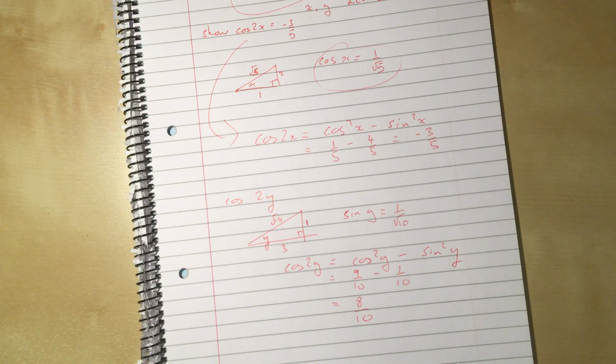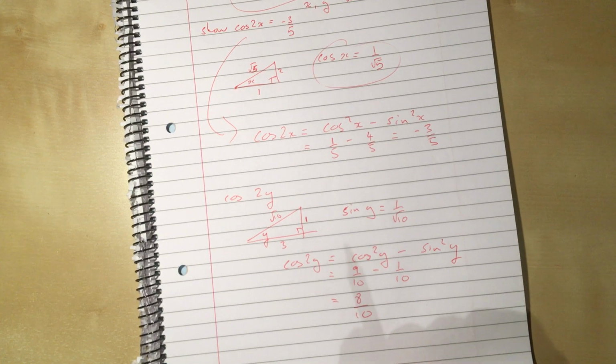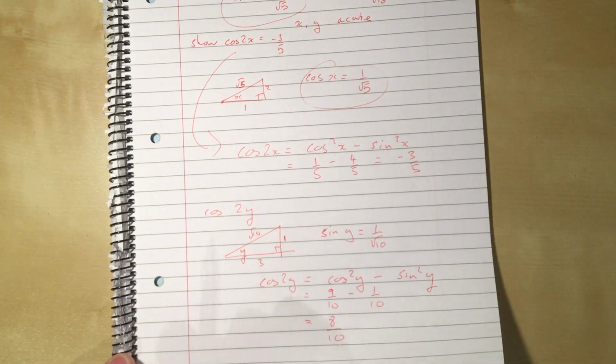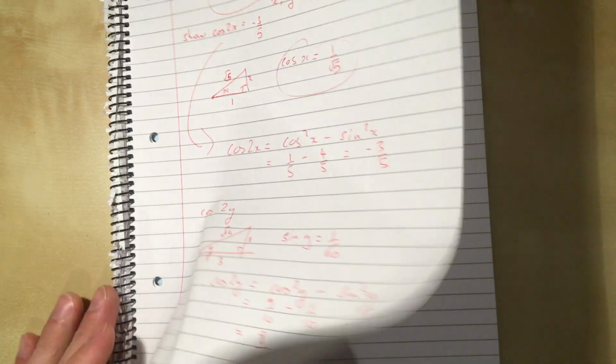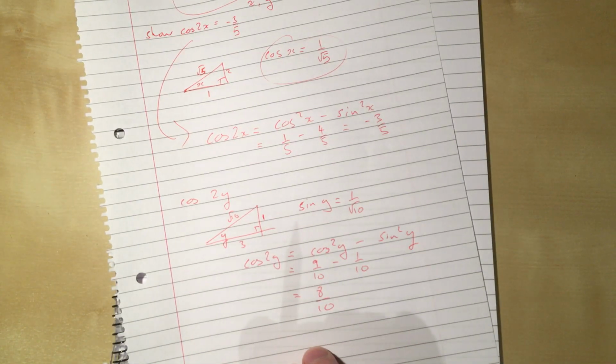Show, without using your calculator, that tan(x + y) is 7, and x minus y is going to be pi by 4. So let me see, tan(x + y). I'm just looking at this trying to see if there's a quicker way of doing it.